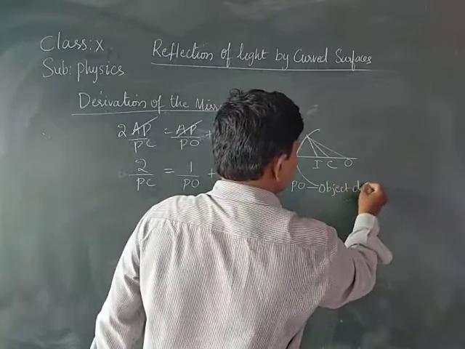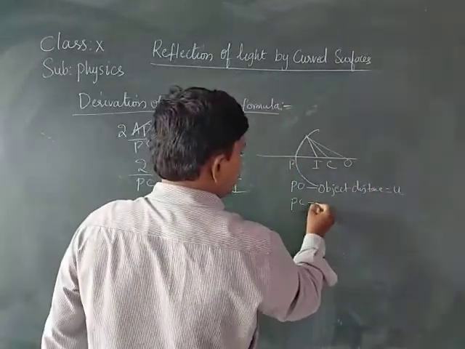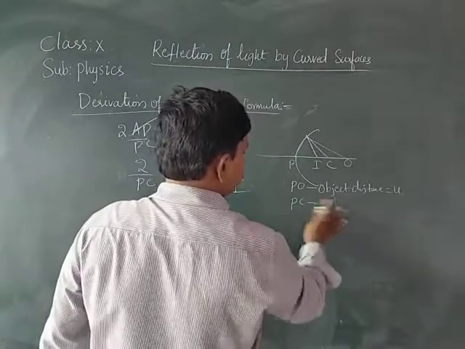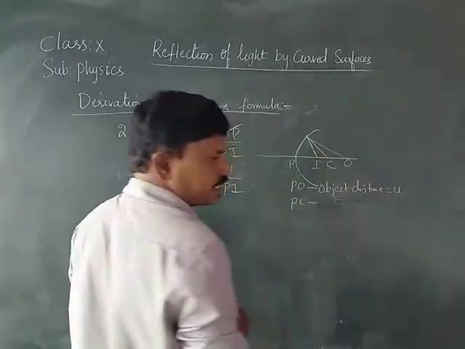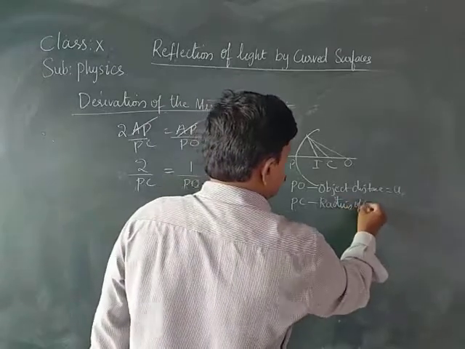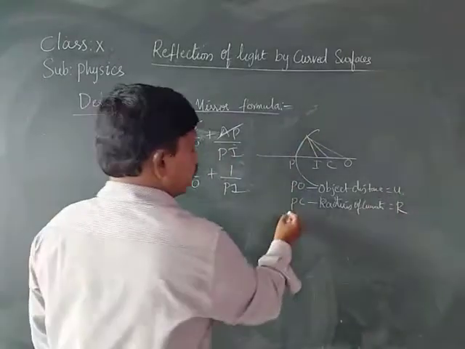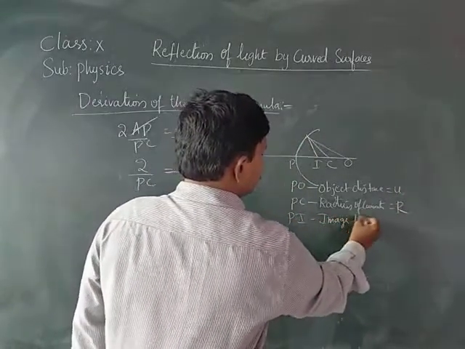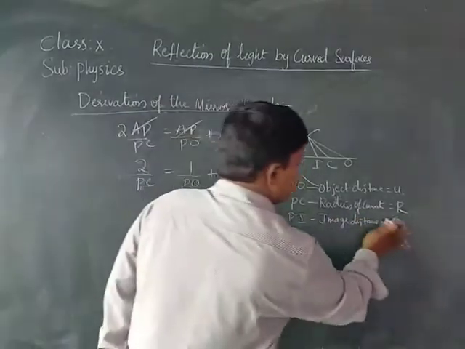Object distance is denoted by U. PC is the distance between the pole and the center of curvature. It is nothing but the radius of curvature, that is equal to R. And here PI is the image distance, that is equal to V.